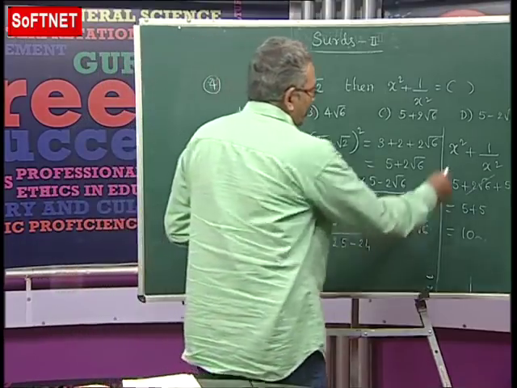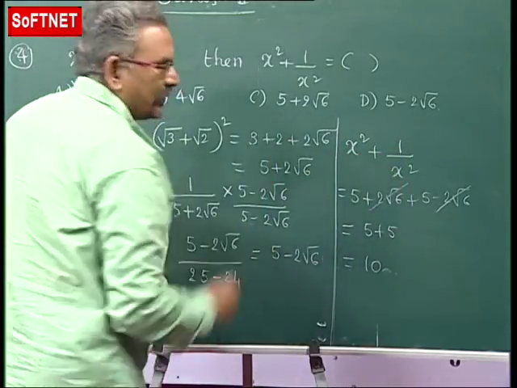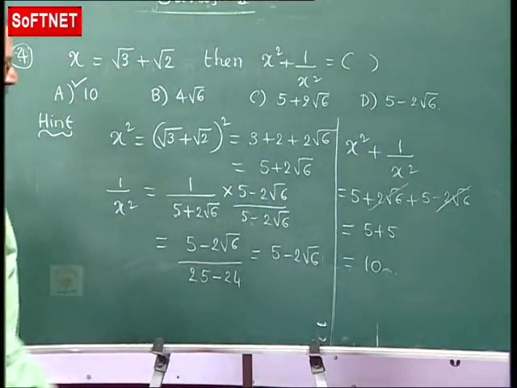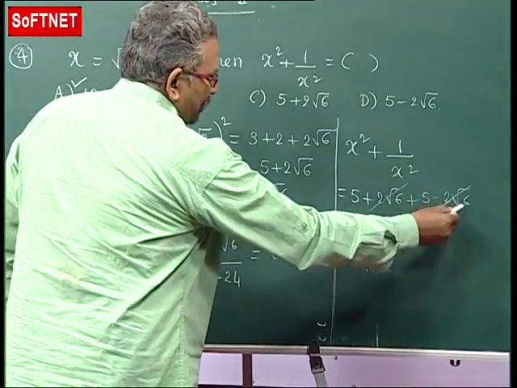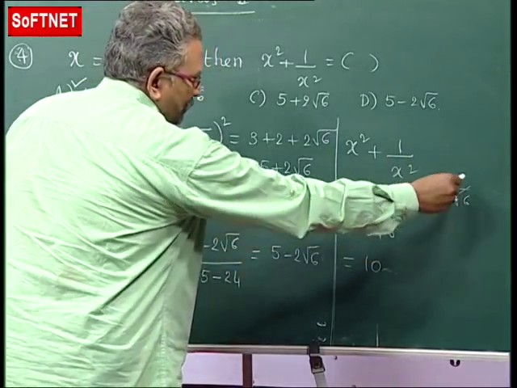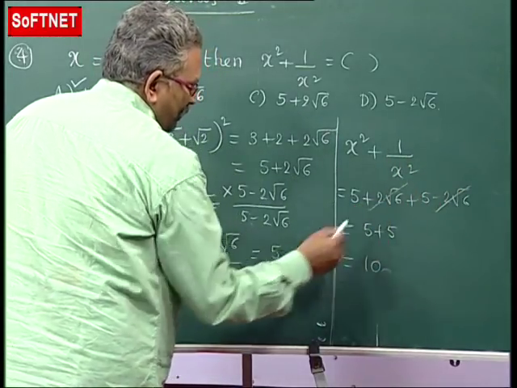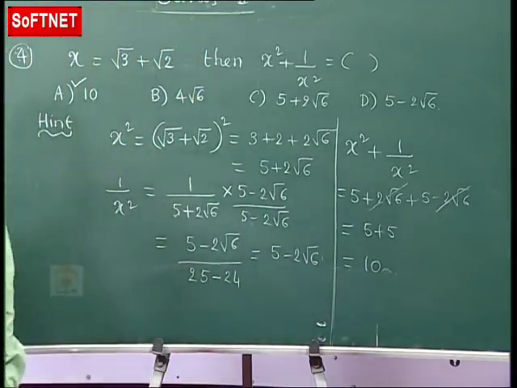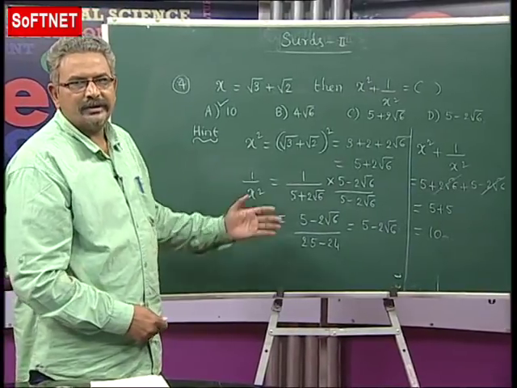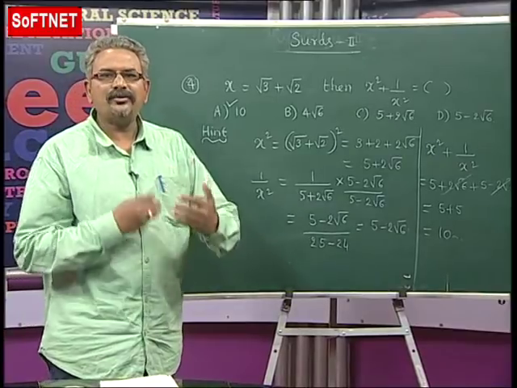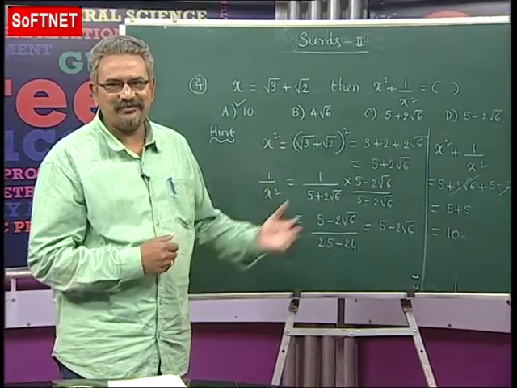Now, x square plus 1 by x square is 5 plus 2 root 6 plus 5 minus 2 root 6. Plus and minus get cancelled. We have 5 plus 5, that is 10. I hope you have understood this problem. Now, shall we move to the next problem? Okay, let us move to the next problem.